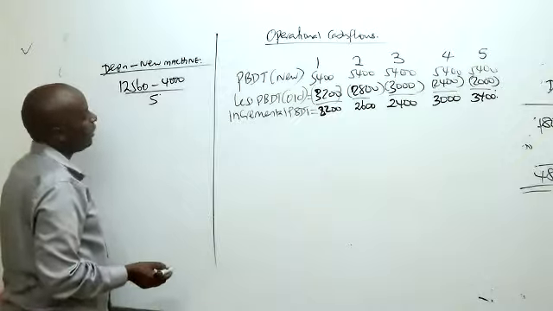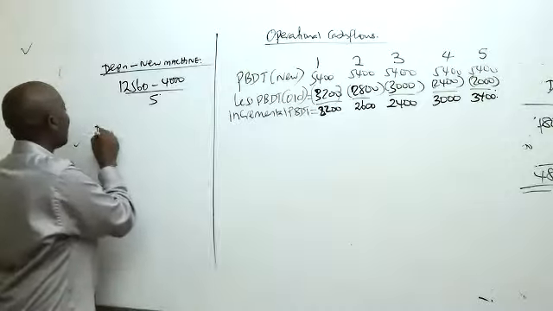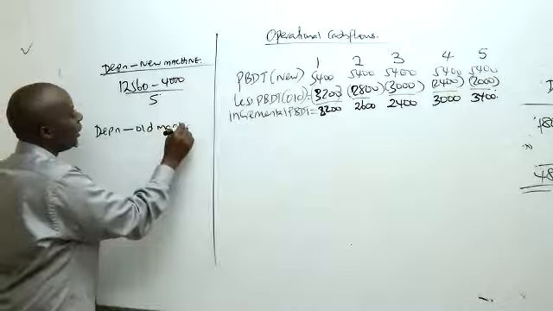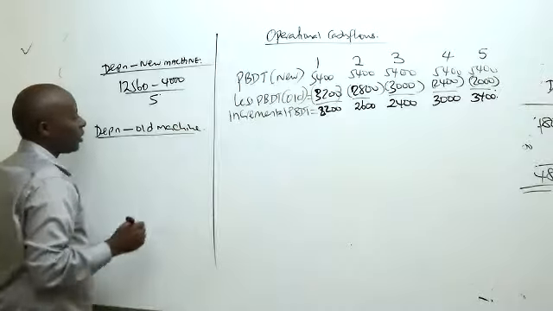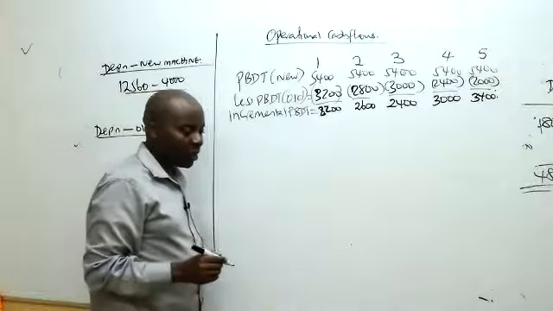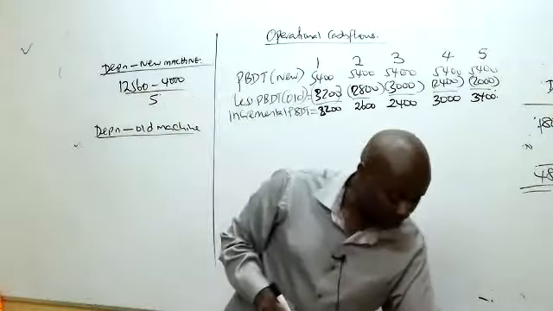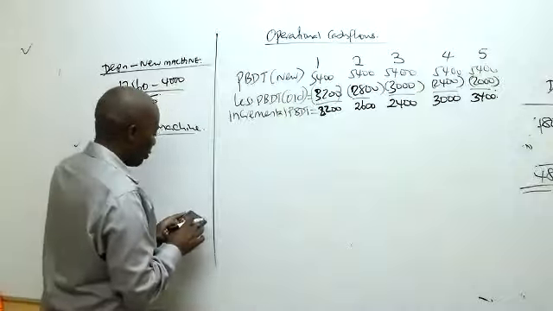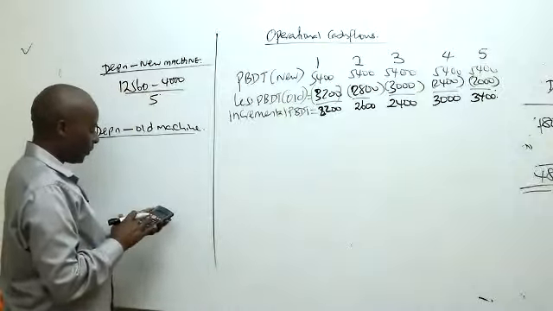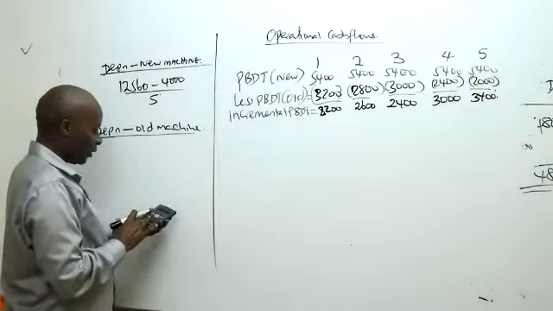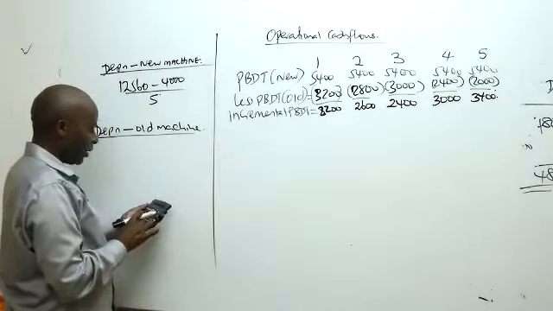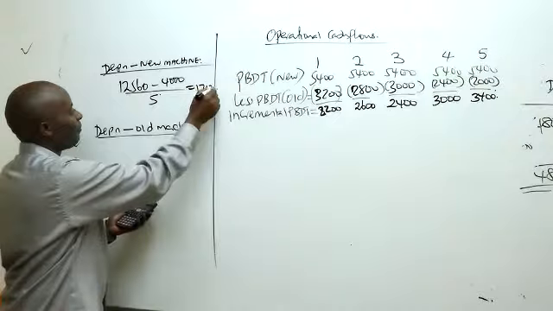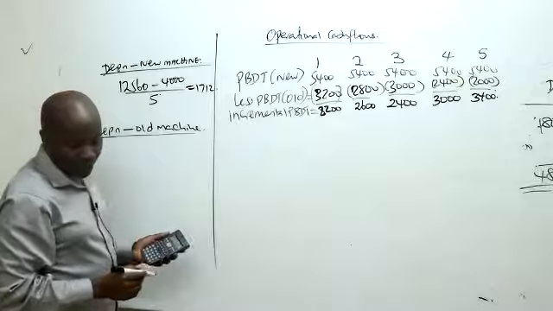Divided by 5 years. This is quite easy. For the new machine, we have 12,560 minus 4,000 divided by 5, which gives me 1,712.